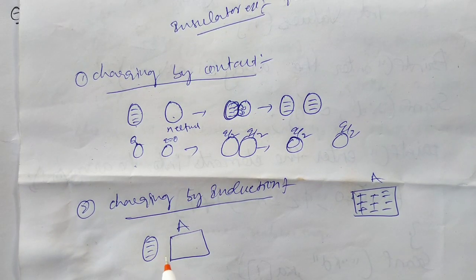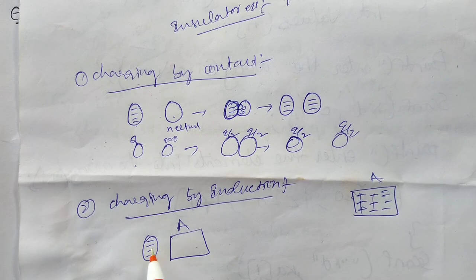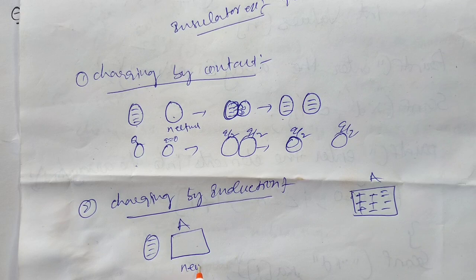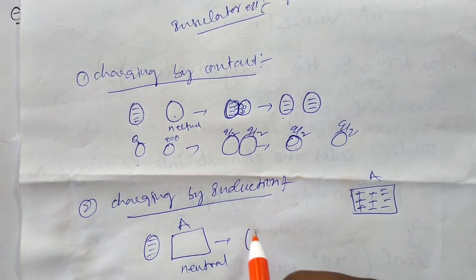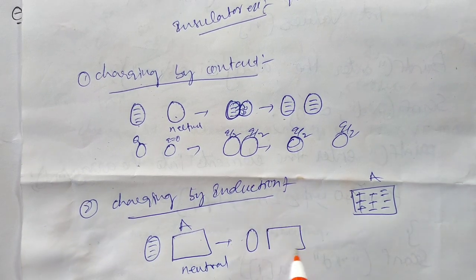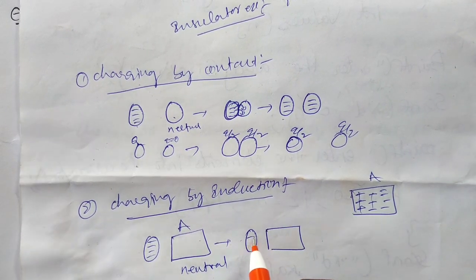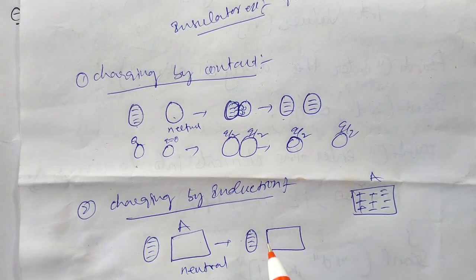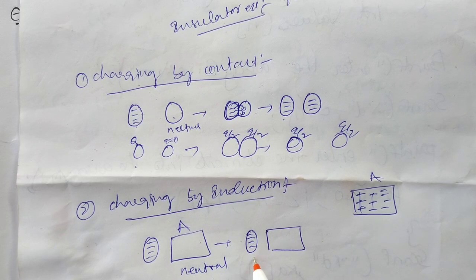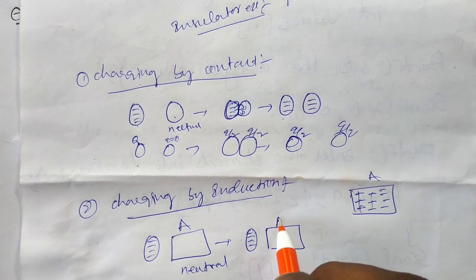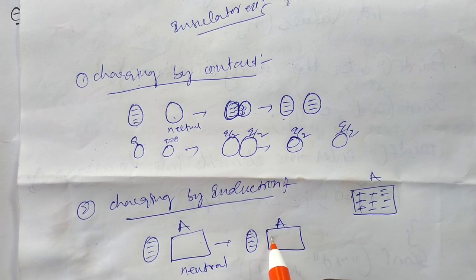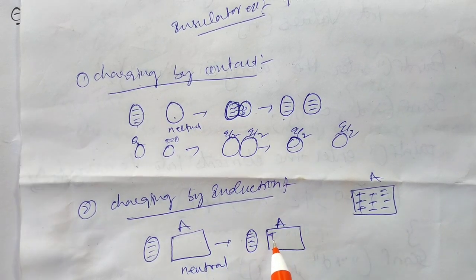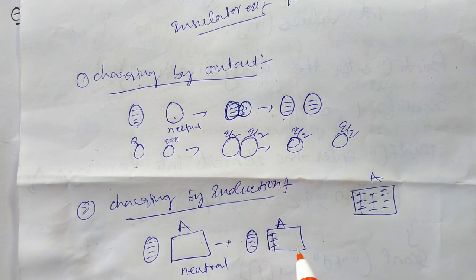We keep the negative substance near the neutral body. Polarization occurs: the negative conductor or metal kept near the neutral body attracts the positive charge carriers.